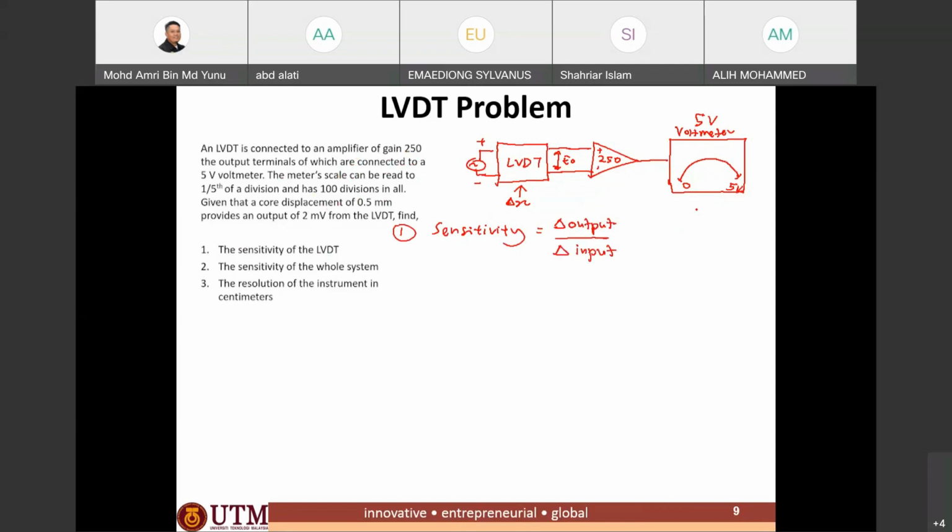Let's say the output E out and the displacement.